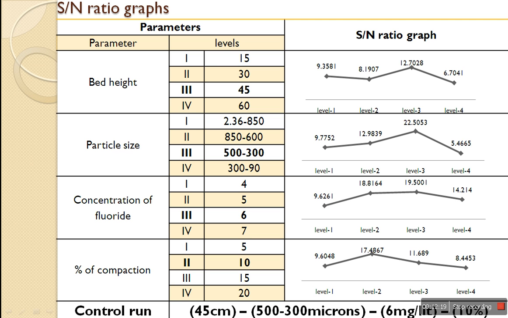Percentage of compaction has the maximum at level 2. Thus, from the signal to noise ratio, the control run to be carried out is 45 cm bed height, 500 to 300 microns particle size, 6 mg per liter concentration of fluoride, and 10% compaction of sawdust.